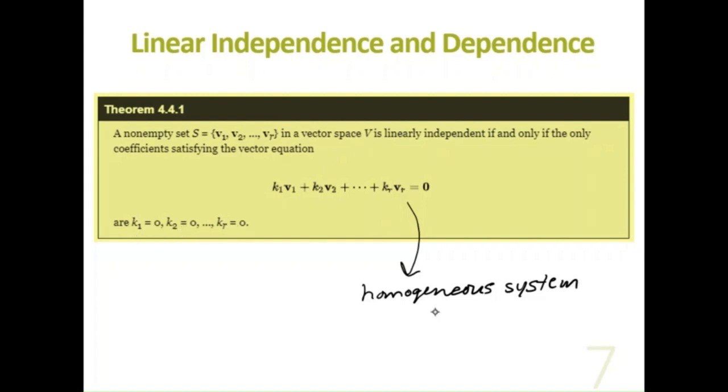So basically you have only the trivial solution where everything equals 0. So they're linearly independent if they satisfy this homogeneous system and the only solution is the trivial solution. Okay? So hopefully you'll keep that in mind as we work through these problems.